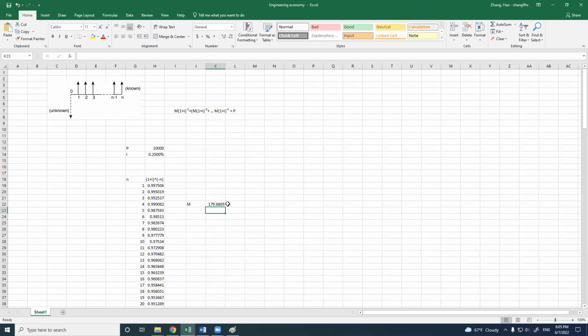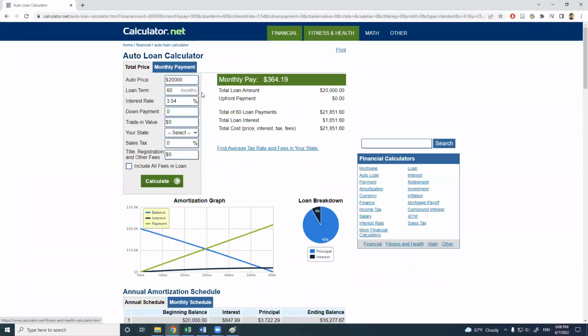All right, so this is how we can build a simple model. If you want to validate whether this value is correct or not, you can use some online calculators to check your answer. I can also show it to you here. For example, this auto loan calculator. We can put in $10,000, 60 months, and an annual interest rate of 3%.